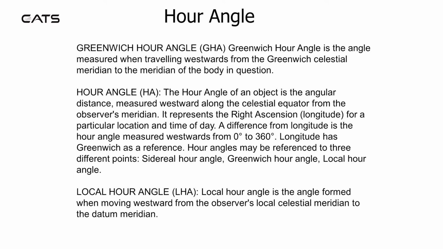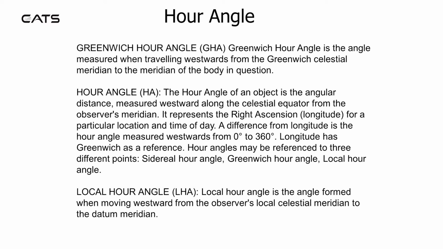Hour angle. Greenwich hour angle is the angle measured when travelling westwards from the Greenwich celestial meridian to the meridian of the body in question. Hour angle of an object is the angular distance measured westward along the celestial equator from the observer's meridian. It represents the right ascension, longitude, for a particular location and time of day.